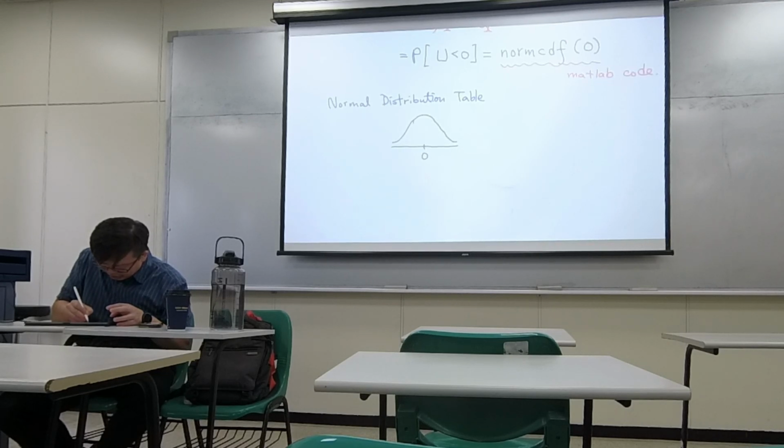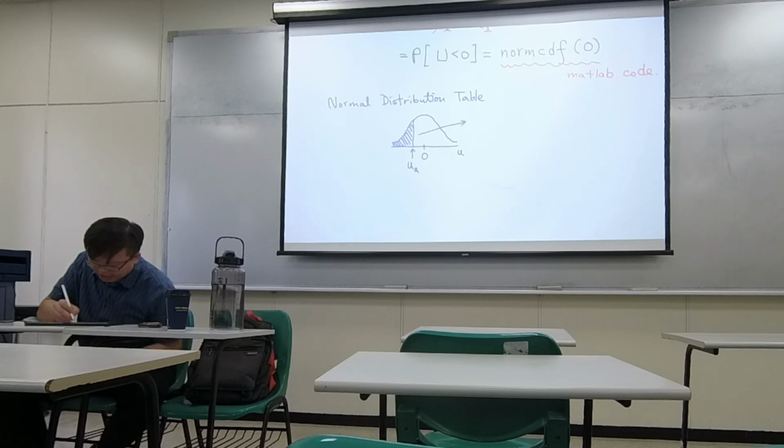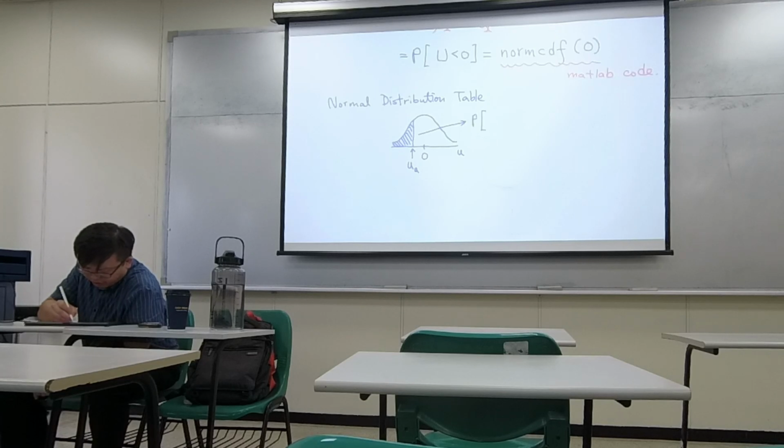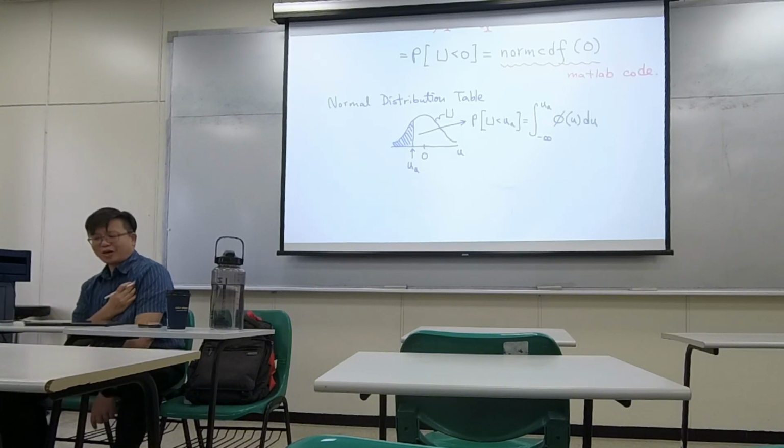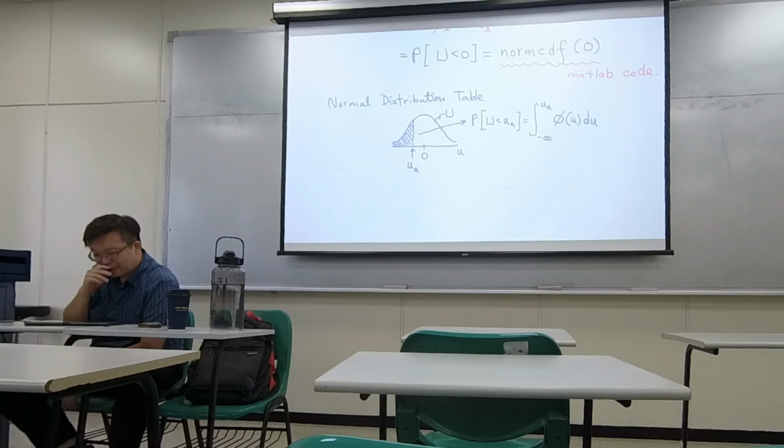Here is 0, and this is like a U, and you can say this is like a UA, and the area can be computed as a percentage: if this whole thing is capitalized U, smaller than UA equals the integral from negative infinity to UA, and the function here, I think people use this function, phi of u du. Okay, so what is this phi function?